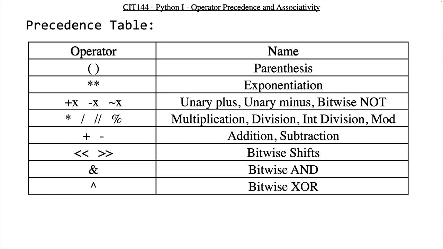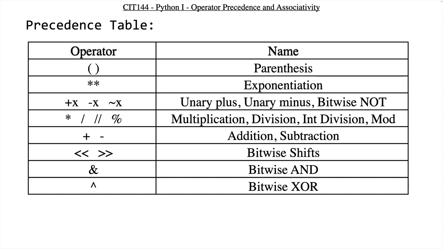Next is bitwise exclusive OR. The OR operator truth table, if you have A and B, is that the expression A or B is true if A or B is true. So in that truth table, all the combinations evaluate to true, with the exception of both values, A and B, being false.